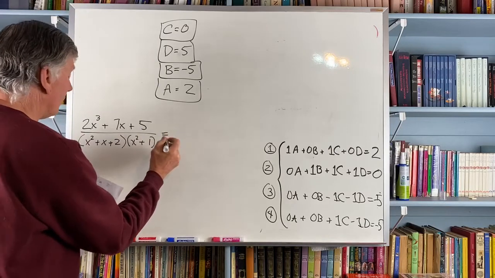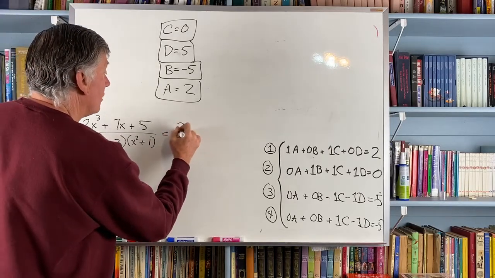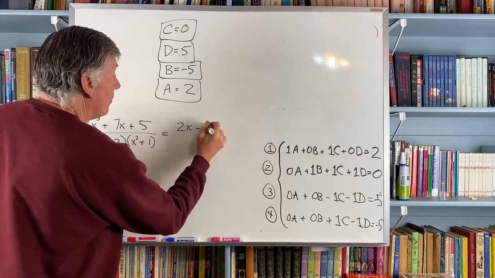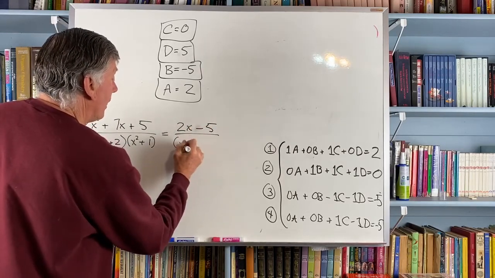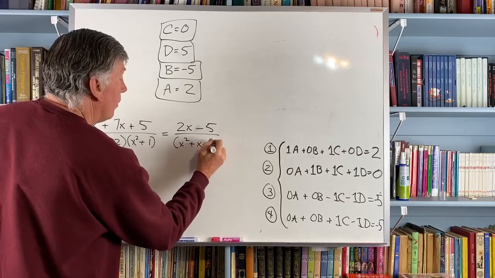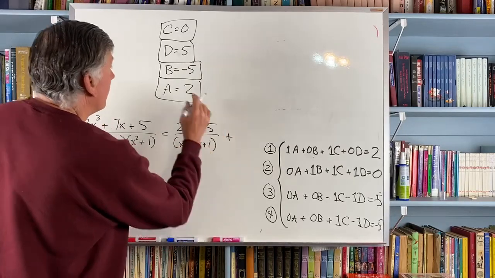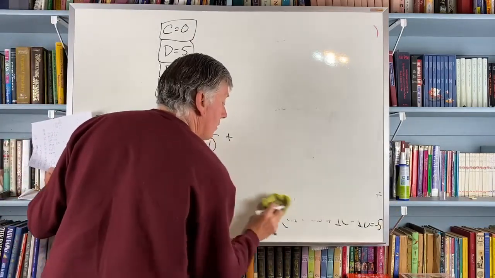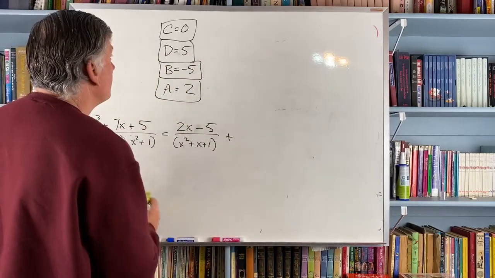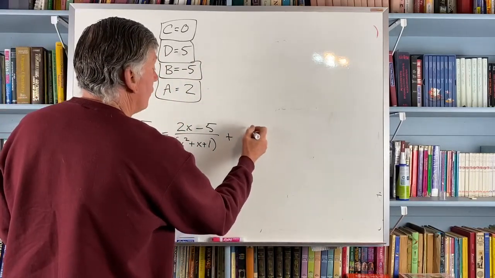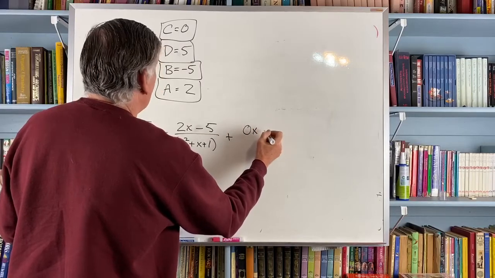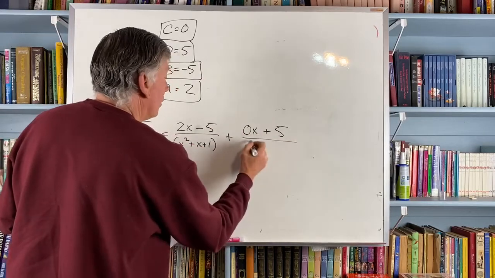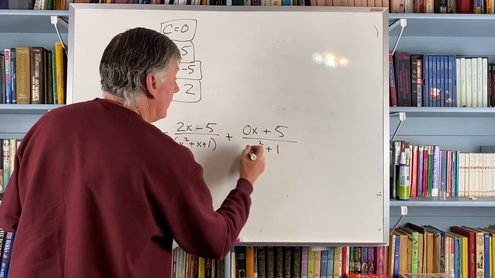That now equals my ax plus b, which is 2x minus 5, over x squared plus x plus 2, plus c is 0. I can erase all this now. C is 0, so I have a 0x plus d, which is 5, over x squared plus 1.